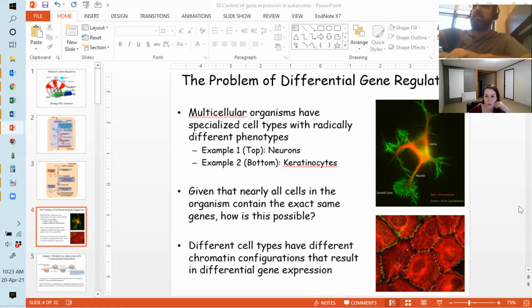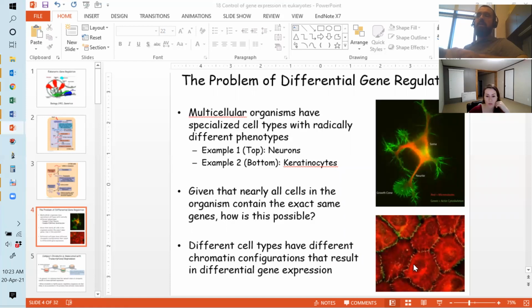It is exactly the same between neurons, which can grow up to, in my case, like 3.5 feet long, maybe less if you're shorter, and keratinocytes, which form these very tightly formed layers of cells, which is part of their role in protecting the stuff underneath, essentially.